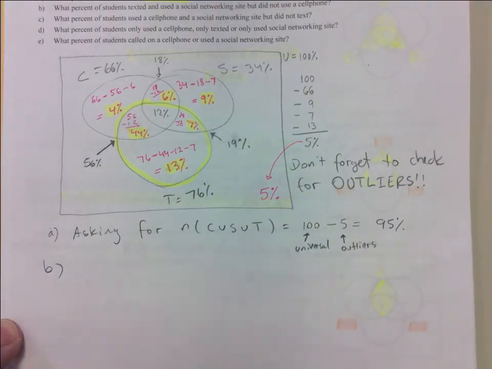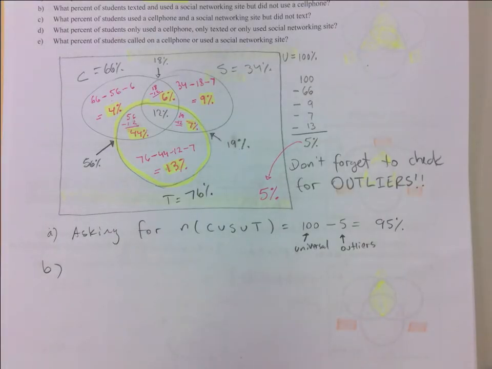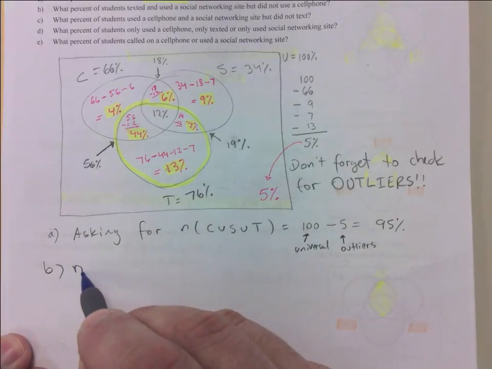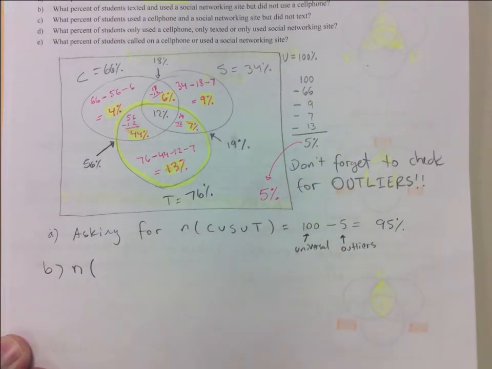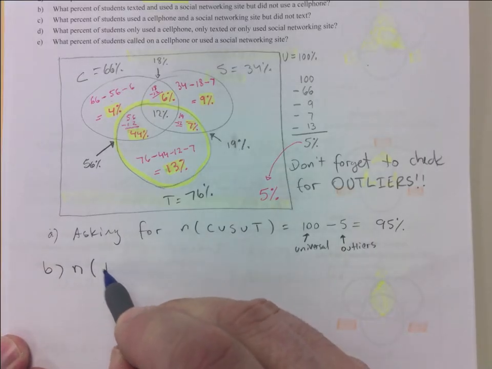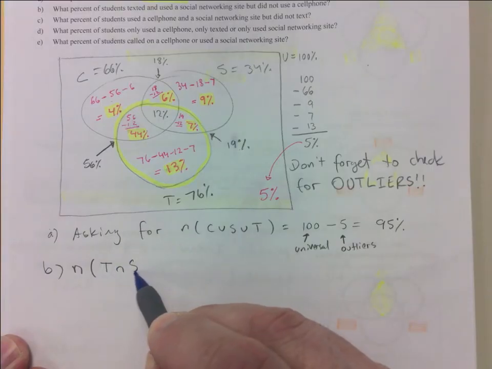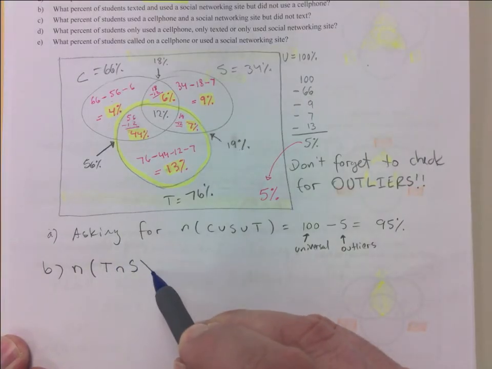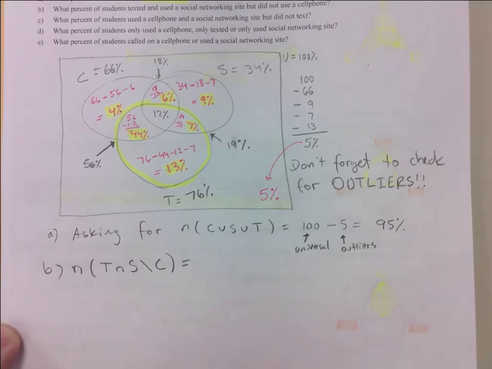B. What percent of students texted and used a social media networking site but did not use a cell phone? Let's translate that to notation. You don't have to if I don't ask you for it, but it's asking for texted and social network but did not use a cell phone. I did this with you not too long ago.